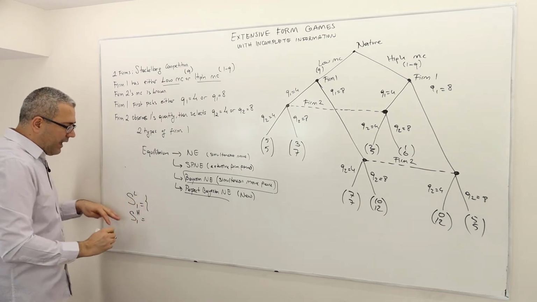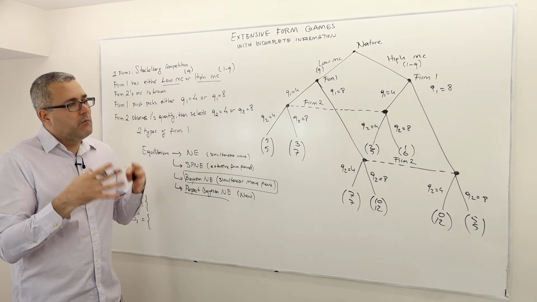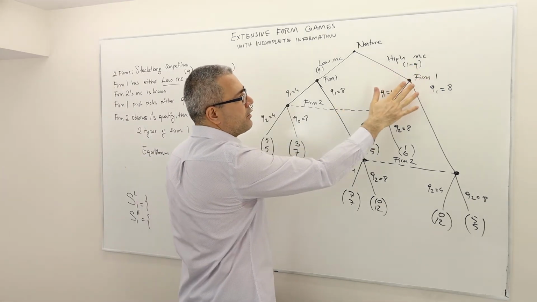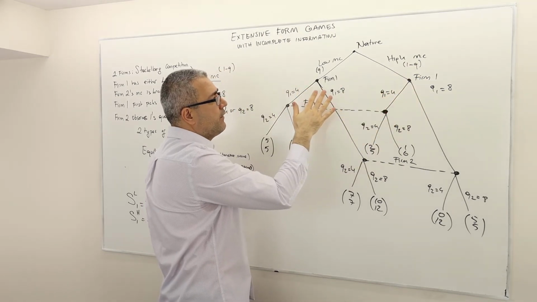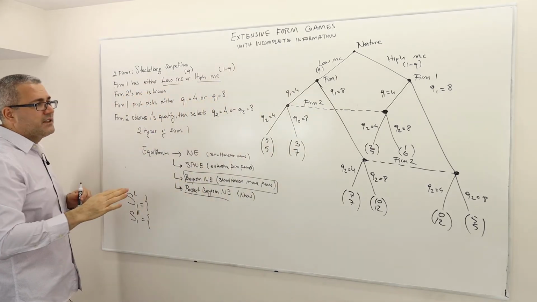All right? Again, in this game, they have exactly the same strategies. In other games, they may have different strategies. For example, here, the high marginal cost firm 1 could actually have strategies different than low marginal cost firm 1. But in this game, they have exactly the same strategies.